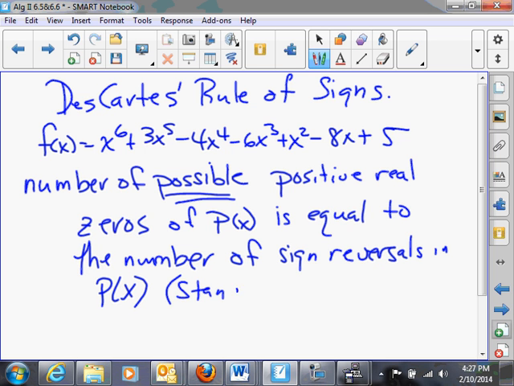In other words, all the terms are written in order of decreasing power.